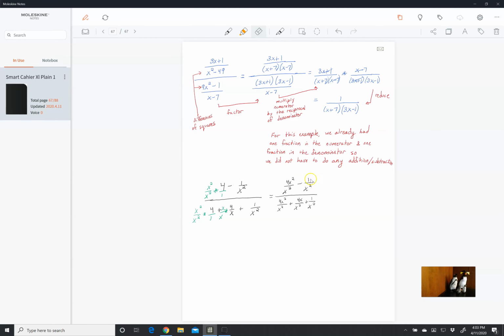Now we can combine our fractions. In the top, we subtract our numerators. In the bottom, we add our numerators. So we get 4x squared minus 1 over x squared. And on bottom, we get 4x squared plus 4x plus 1 over x squared.